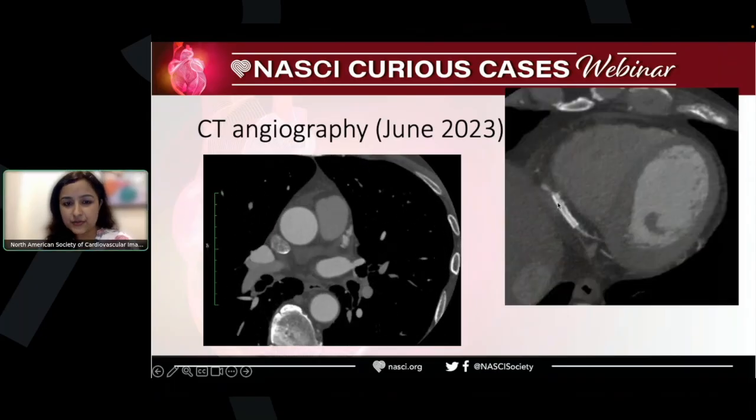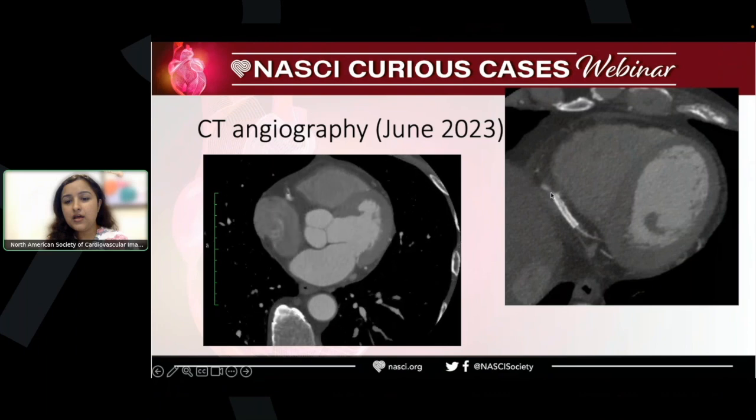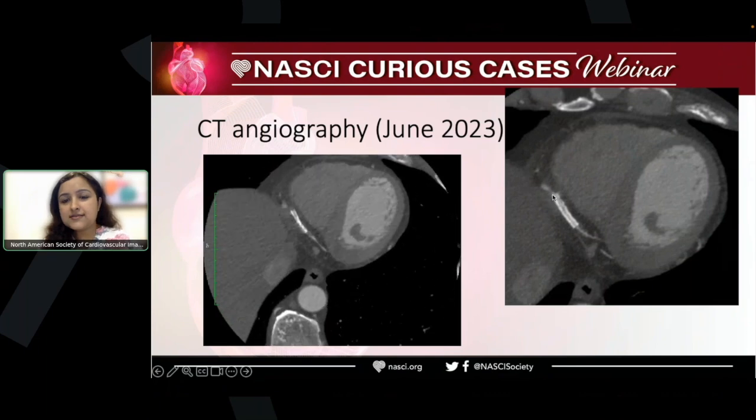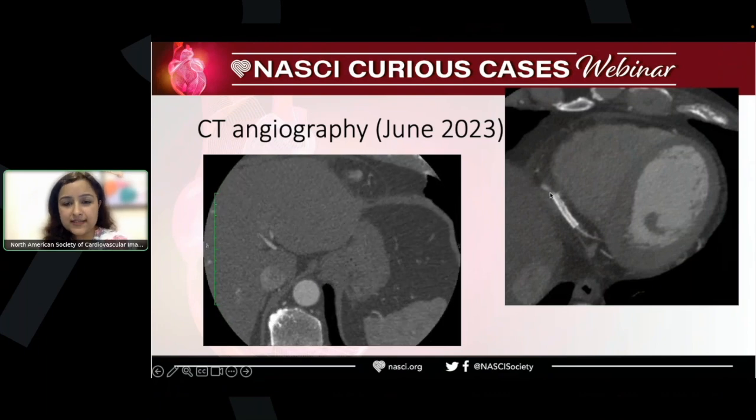So what we noticed is that there was around 50% stenosis just proximal to the proximal edge of the stent, and there was some intraluminal hypodensity, which was neointimal hyperplasia, not causing any significant stenosis. Mild intraluminal hypodensities were seen, and the stent was patent.